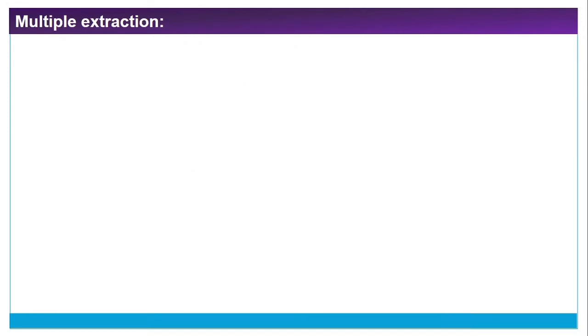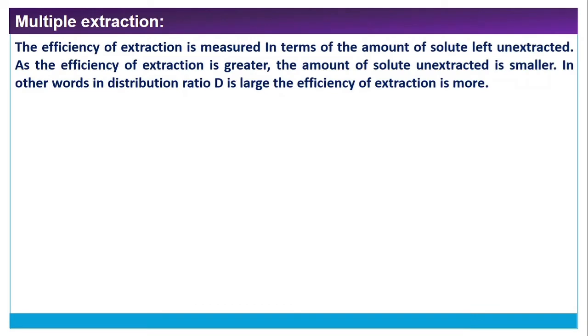Now we'll see multiple extraction. The efficiency of extraction is measured in terms of the amount of solute left unextracted. As the efficiency of extraction is greater, the amount of solute unextracted is smaller. In other words, if the distribution ratio is large, the efficiency of extraction is more.